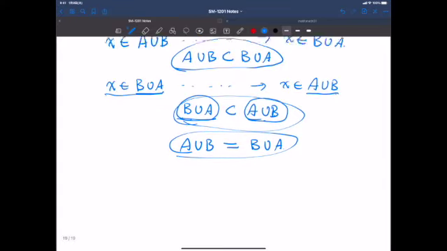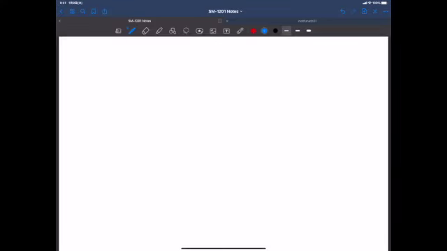So let's prove this lemma according to this strategy.